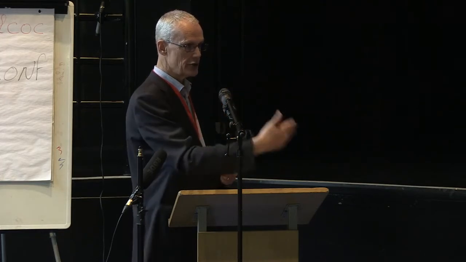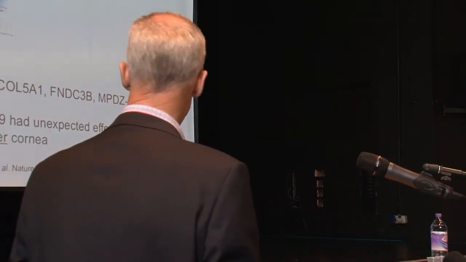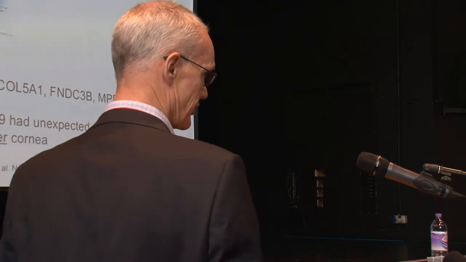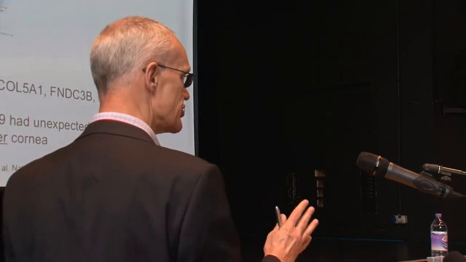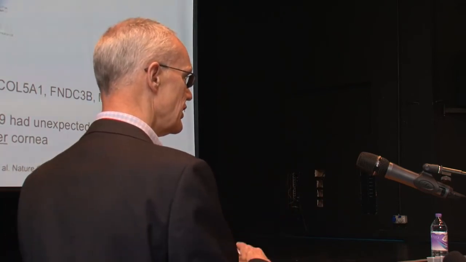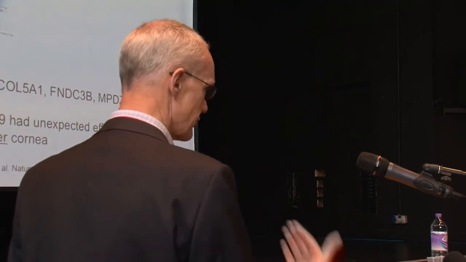What we wanted to do was take those genes and look at them in a population with keratoconus. So this is a knock-on effect to population-based studies which have measured differences in parameters, in curve and thickness, and then we take those results and look at how they relate to keratoconus.